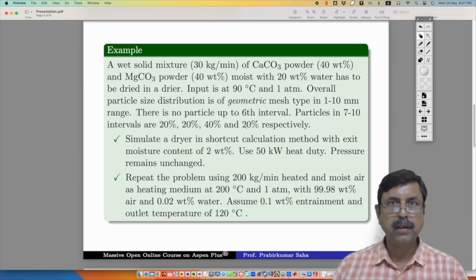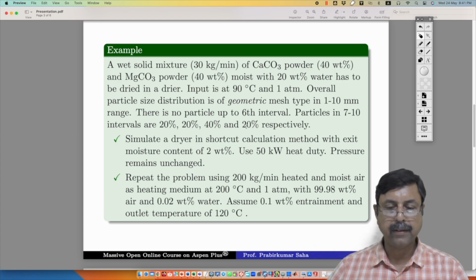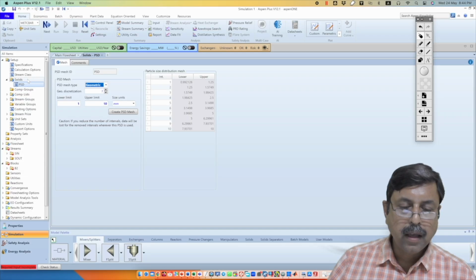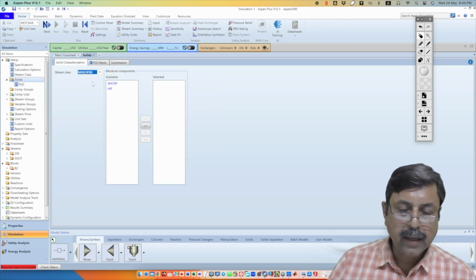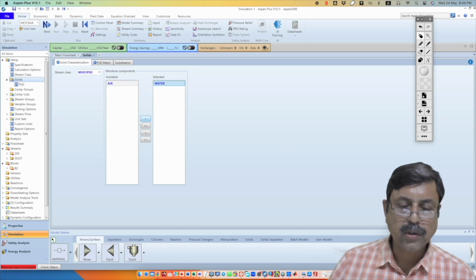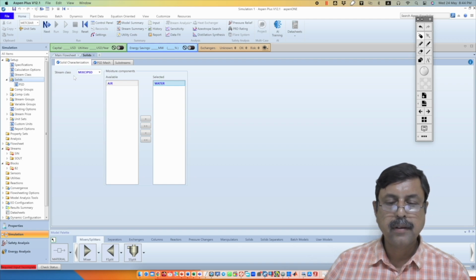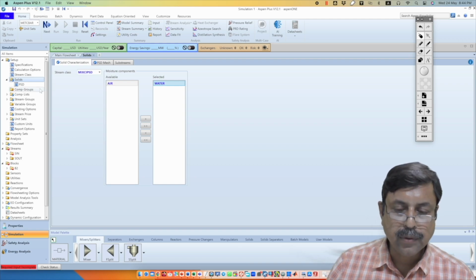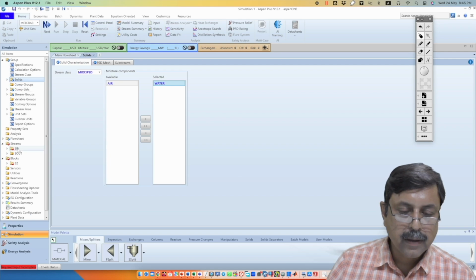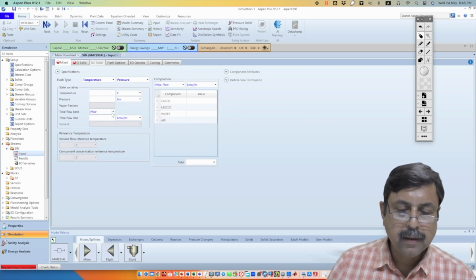So that will cover 100% of the particle size distribution on the higher side. And you have to specify the moisture component. So water is the moisture component in this stream class that you have to set. So moisture has been set.